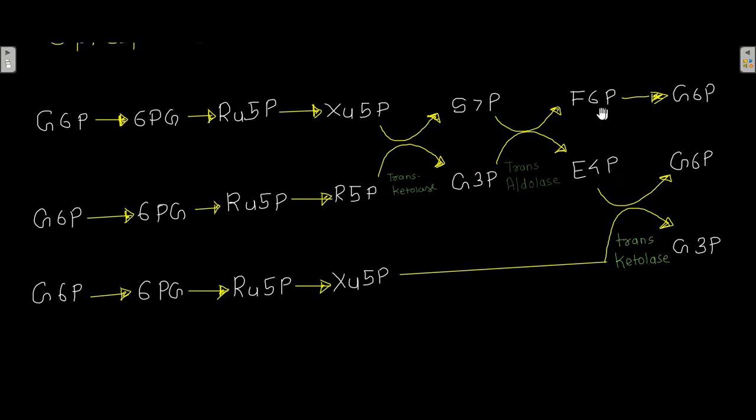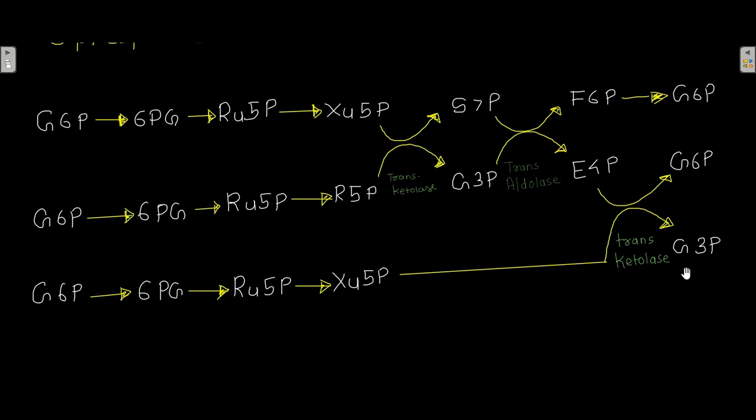And then this fructose 6-phosphate again gives glucose 6-phosphate, and this erythrose 4-phosphate combines with xylulose 5-phosphate, and the combination of these two in the presence of transketolase gives you glucose 6-phosphate and glyceraldehyde 3-phosphate.